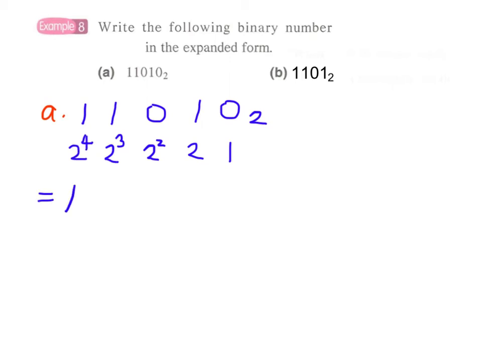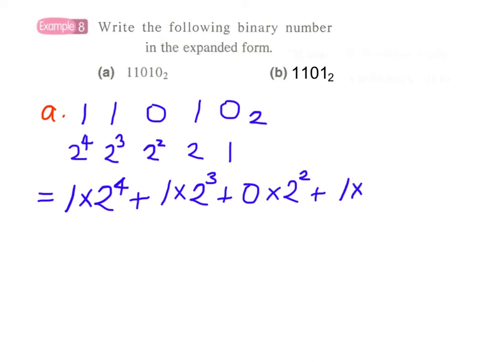We write 1 times 2 to the power 4, plus 1 times 2 cube, plus 0 times the square of 2, plus 1 times 2, plus 0 times 1. This is the expanded form.